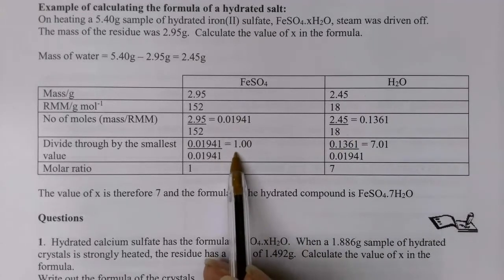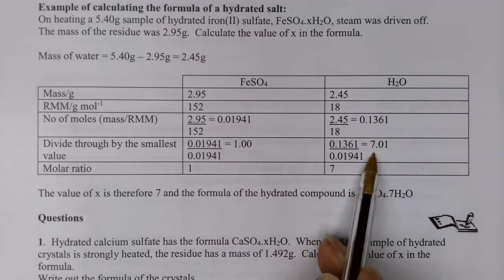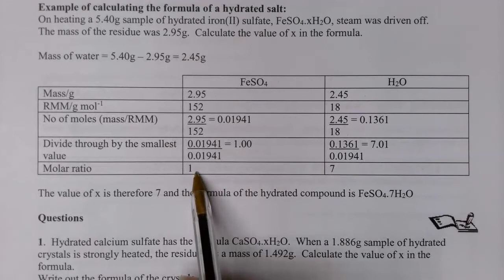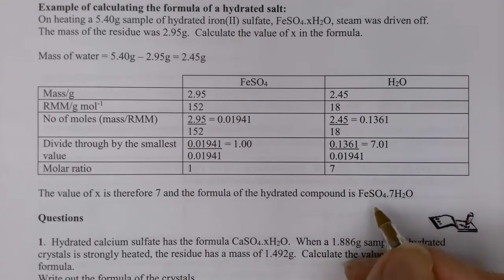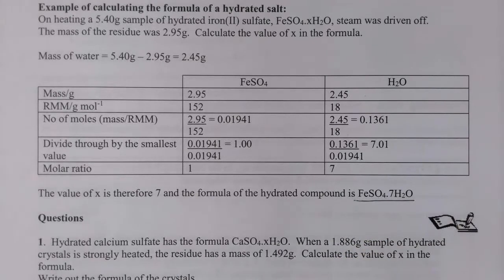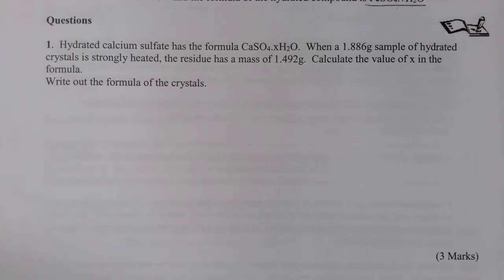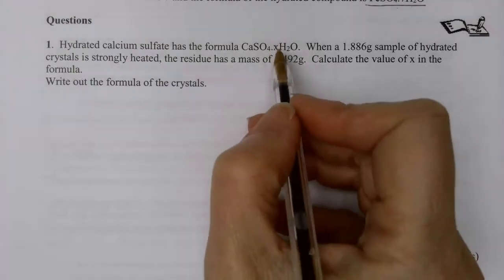So then, dividing through by the smallest, I get a 1 to 7. So that means for every 1 mole of iron 2 sulfate, I have 7 moles of water. So my formula there is iron 2 sulfate dot, just means it's got waters of crystallization, and I've got 7 waters of crystallization.